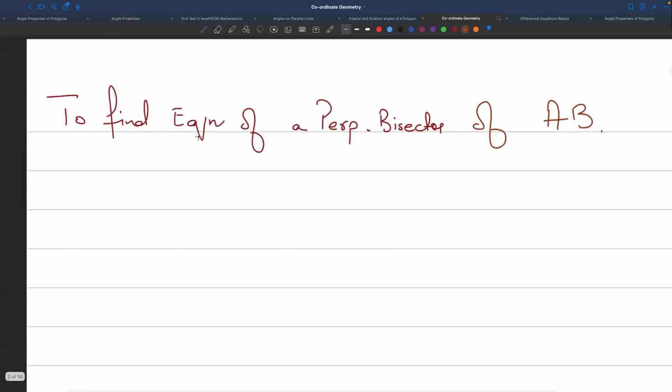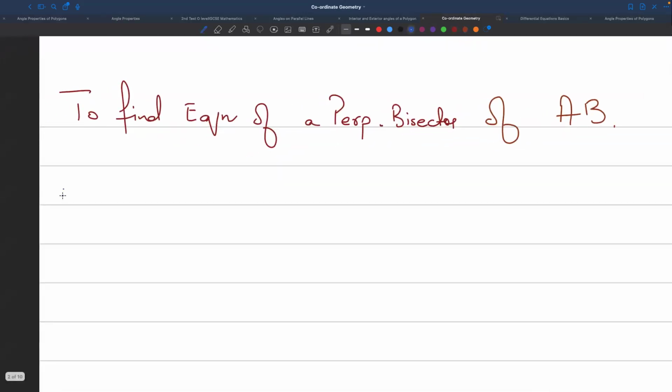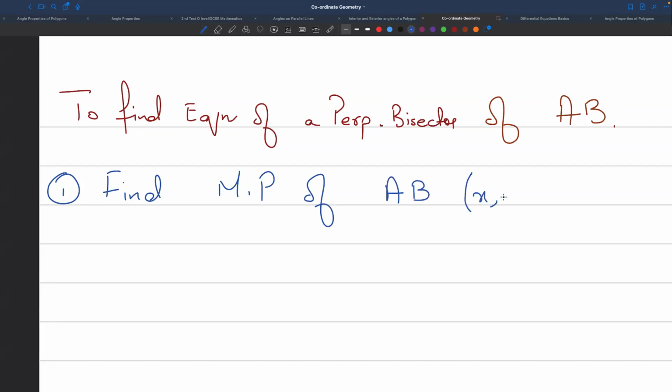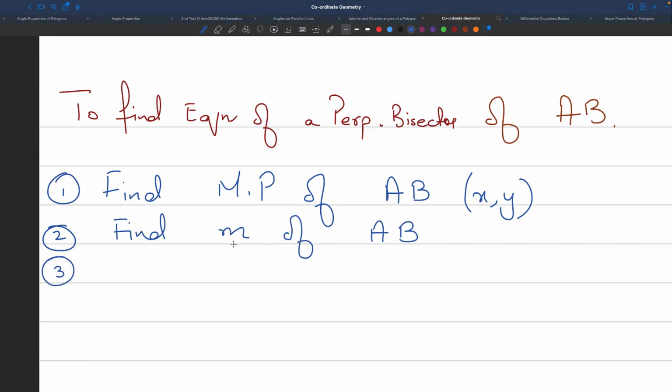So the first step will be you will find midpoint of AB. Second step will be find gradient of AB. So once you find the gradient of AB, let's call this M1.